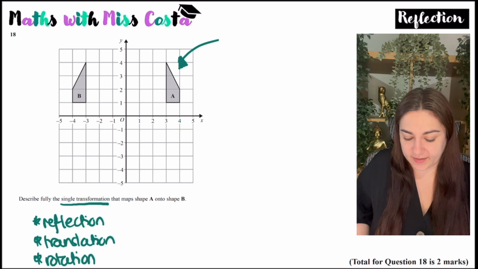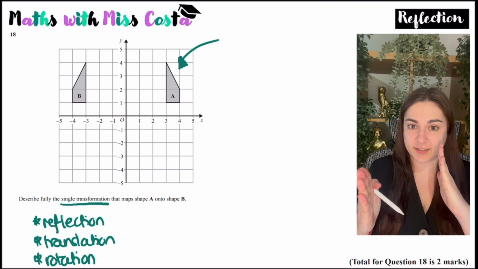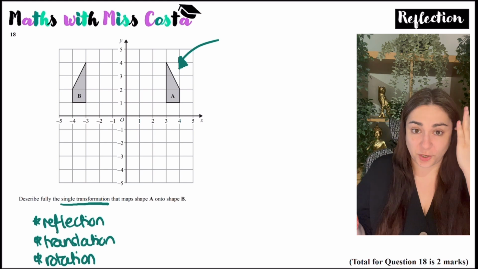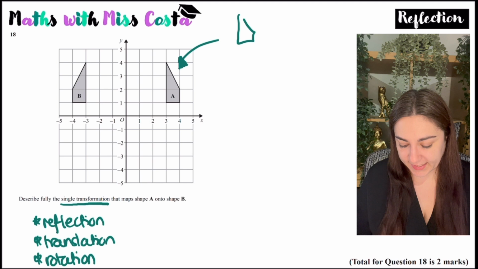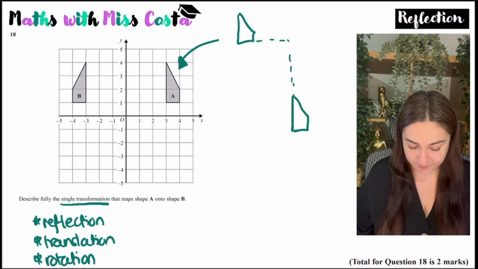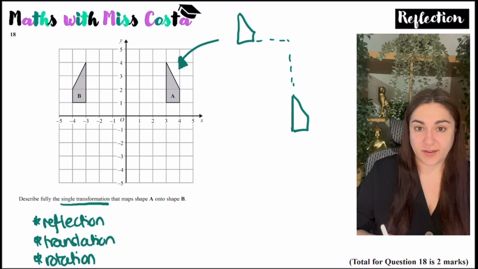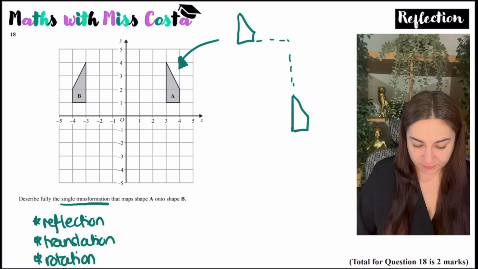Now, because the shape is in the same position, it's just switched over, it's going to be a reflection. It can't be a translation, because if it's a translation, it's moved, and so therefore it has to look exactly the same. And a rotation also is going to change the way the shape is facing. So it's a reflection.